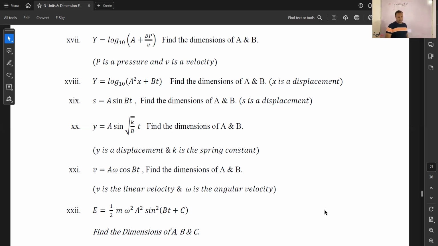T is time. K is the spring constant. T is time.